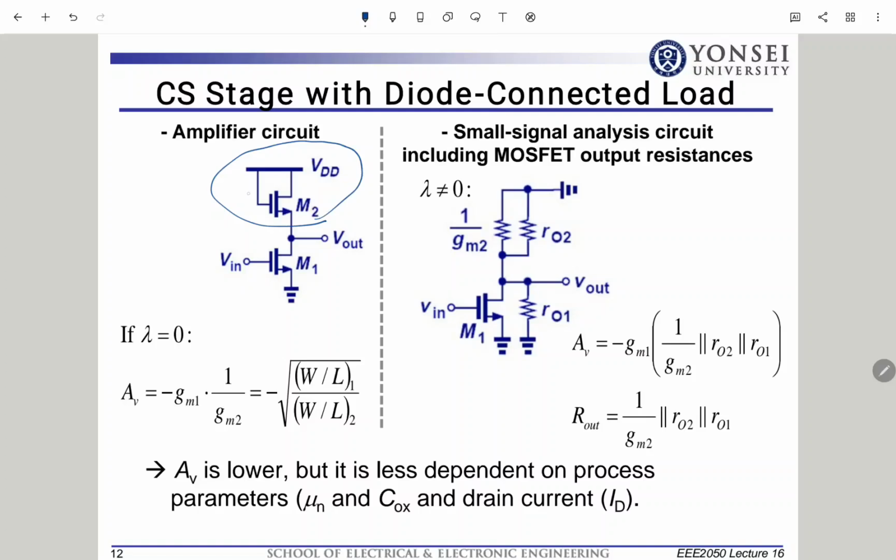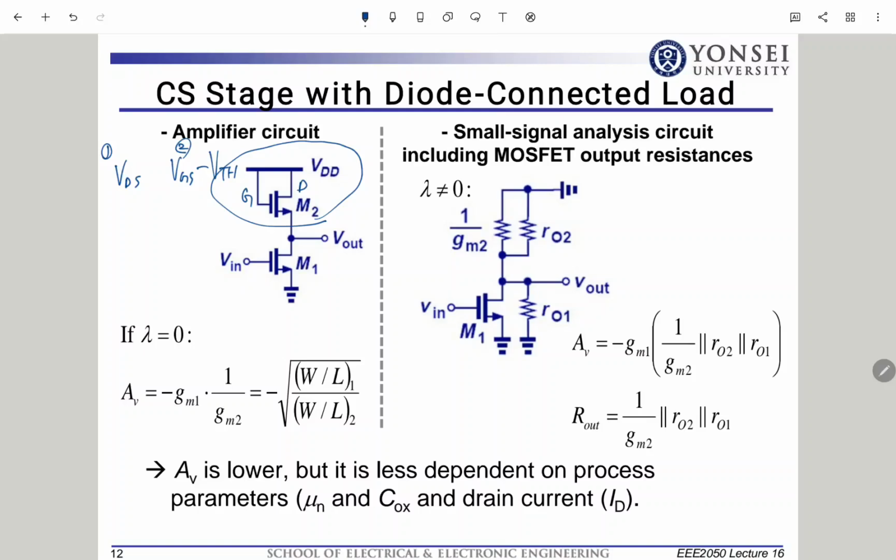What is happening if gate and drain are tied? Let us compare VDS with VGS minus V threshold. Which one is bigger? The first term, right? Since VG and VD are at the same level.